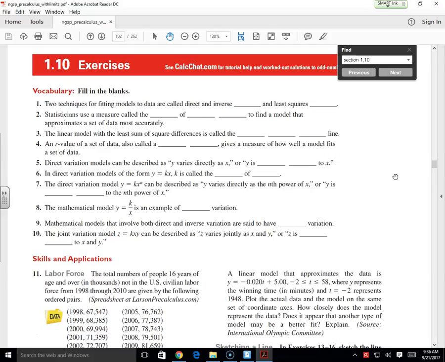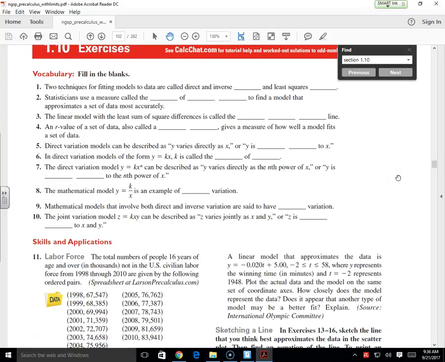You want to hit stat, right? So to do your list, you want to hit stat and then edit. You want to turn on your stat plot. Zoom stat is a great one to use to see it a little bit clearer.